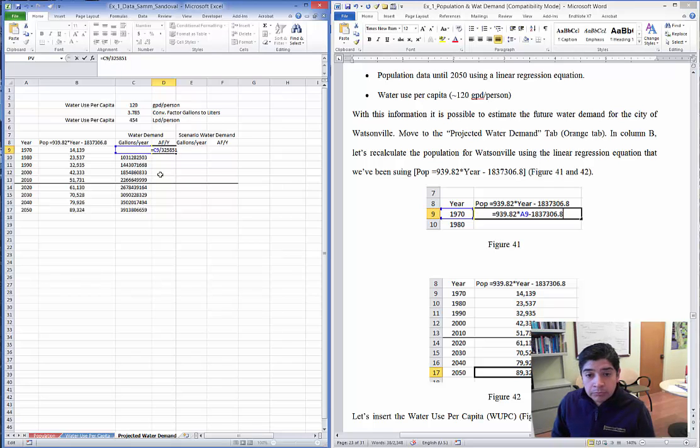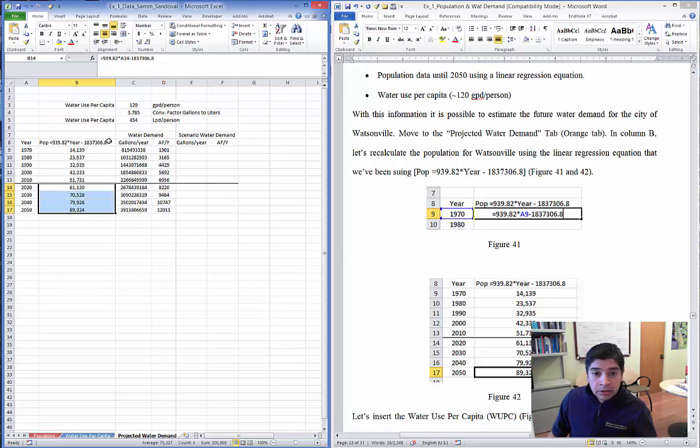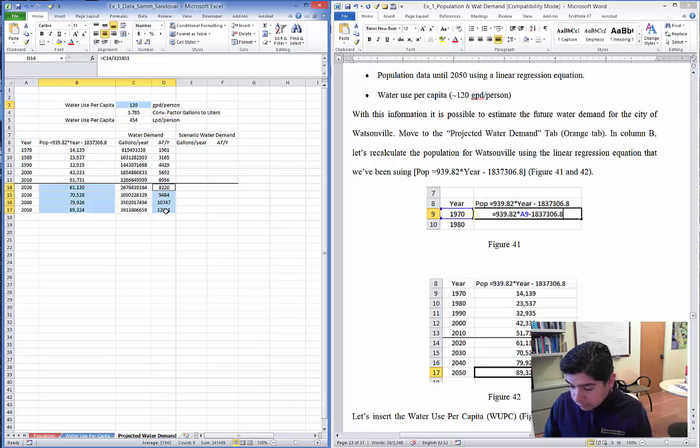So this is the projected water demand, well, this is the projected population, and considering this water use per capita, this is the projected water demand for the city of Watsonville, considering a linear increase in the population.